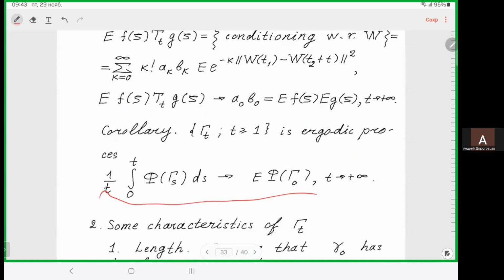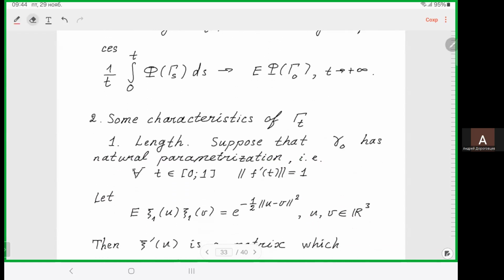So in order to understand asymptotic properties, the geometric and topological properties of our random knot, we just need to understand the properties of this random knot at a fixed moment of time, for example the zero moment.